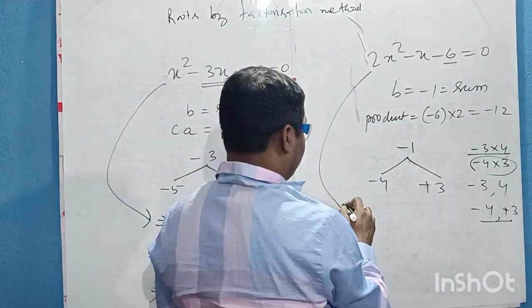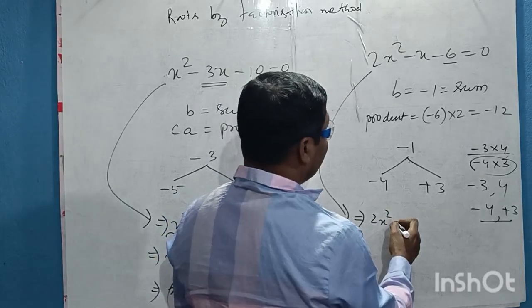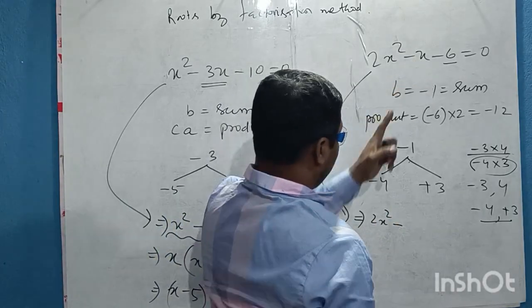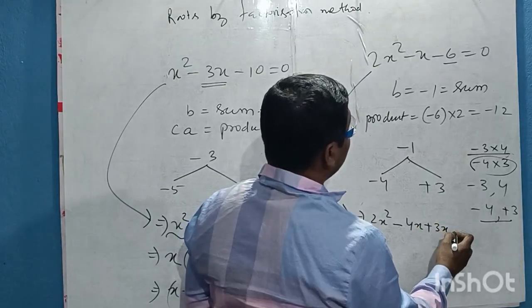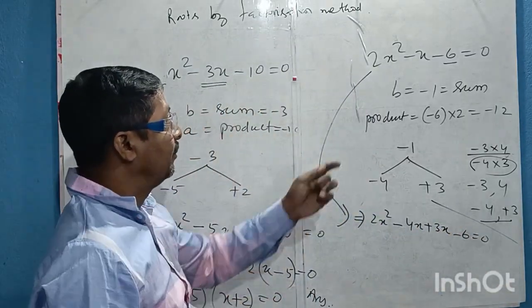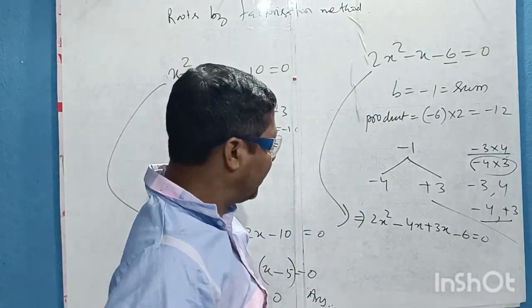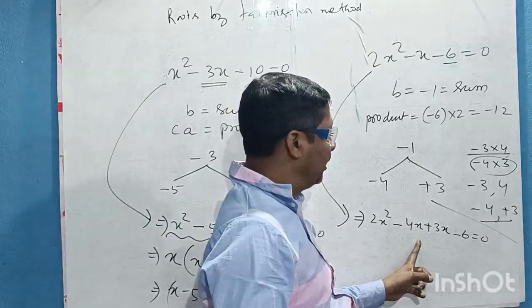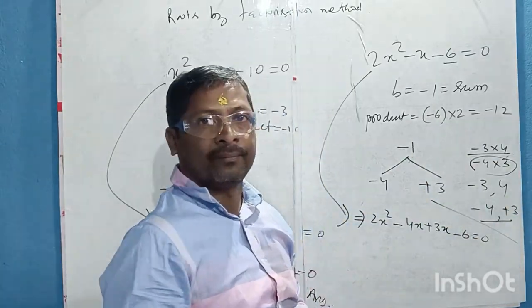Come to the next step. 2x square minus, for minus 1 I will write here minus 4x plus 3x minus 6 equal to 0. Okay. So minus x will be written as minus 4x plus 3x. To get this, you have to do rough work in this way.